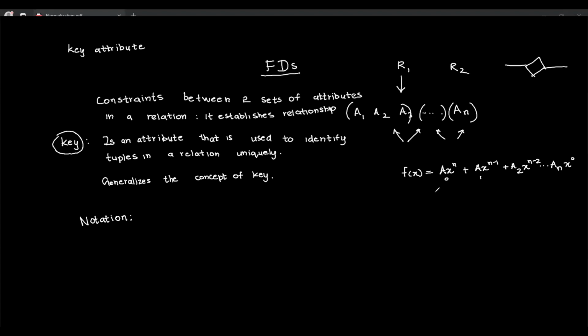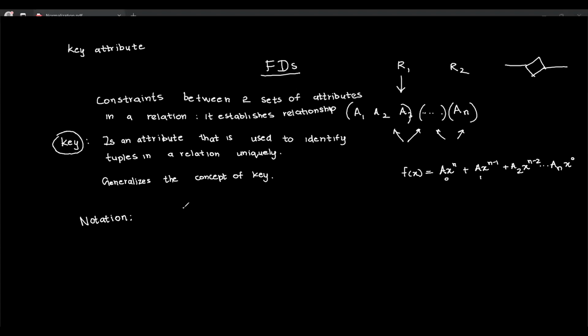This is what we call a polynomial, or this can be a function depending on some conditions. But keep in mind, whenever you are speaking about relations, please visualize whatever you learned in functions. Always keep that in mind because it is going to be useful.